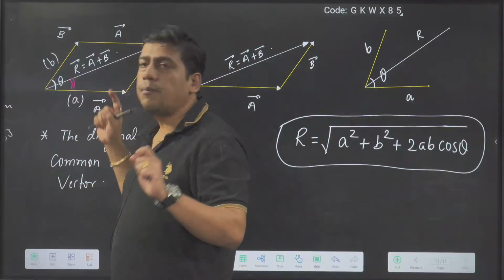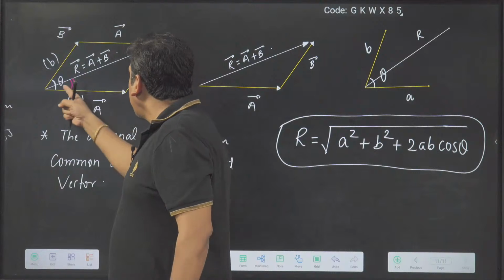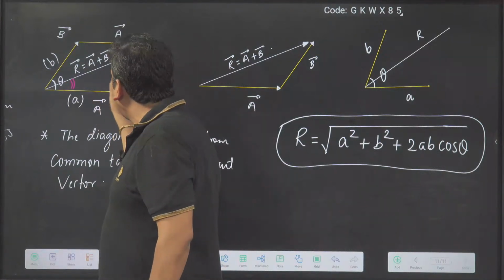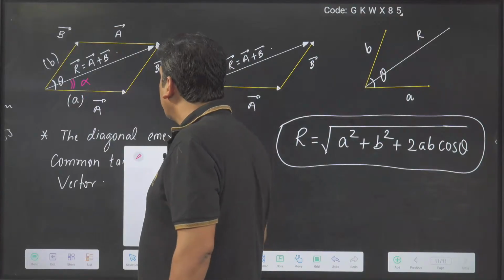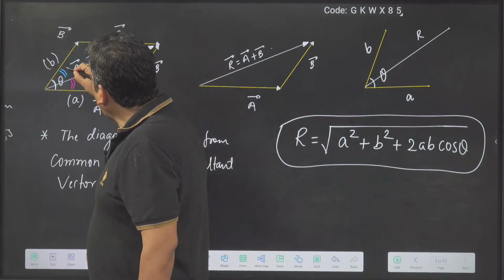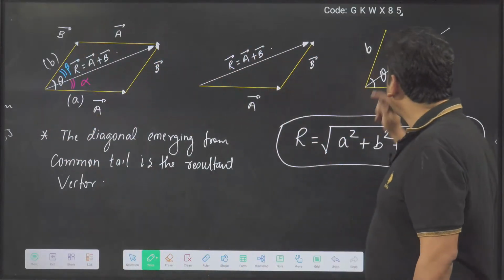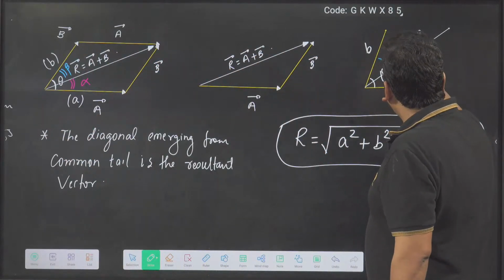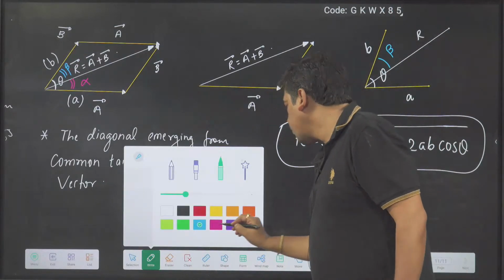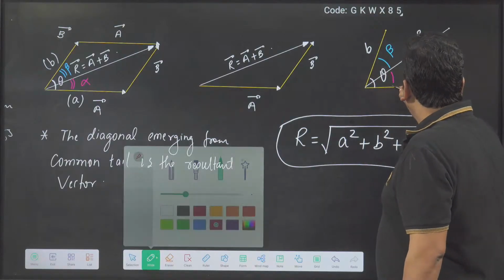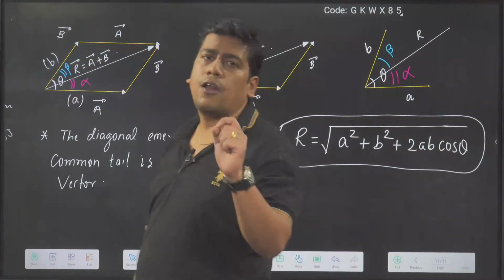If you want to find the direction of R vector, you have to find the angle between R vector and one of the vectors. Either between R vector and A vector, this angle you can call alpha. Or you can find this angle between R vector and B vector. In this diagram, either you can find the angle between R vector and B vector, or the angle between R vector and A vector. Either you can say alpha or beta.